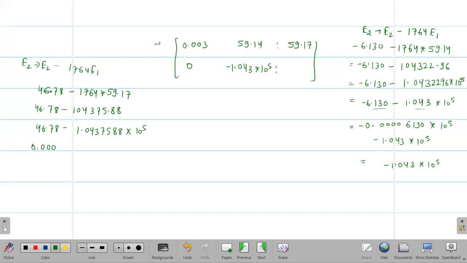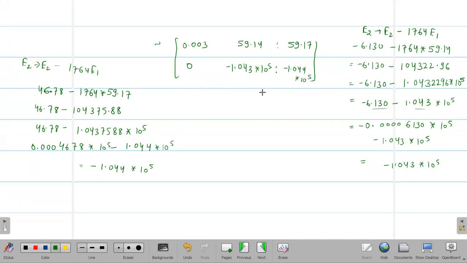So it will be 0.00004678 into 10 raised to power 5, and then minus 1.044, because we are doing rounding here, into 10 raised to power 5. So it will be minus 1.044 into 10 raised to power 5 if I solve it.